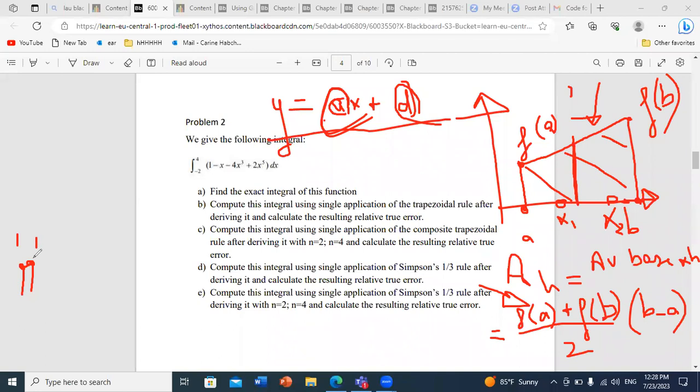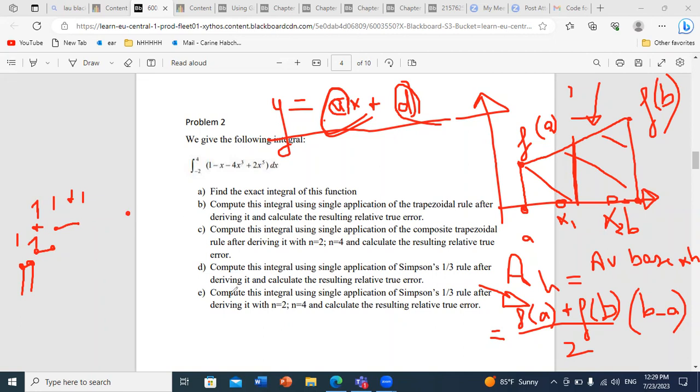On the other hand, if I do the composite method, for all points in between I have to add their coefficients. The common points will have coefficient 1 plus 1, so I do the same for all points in between, and just for the extreme points I have 1.